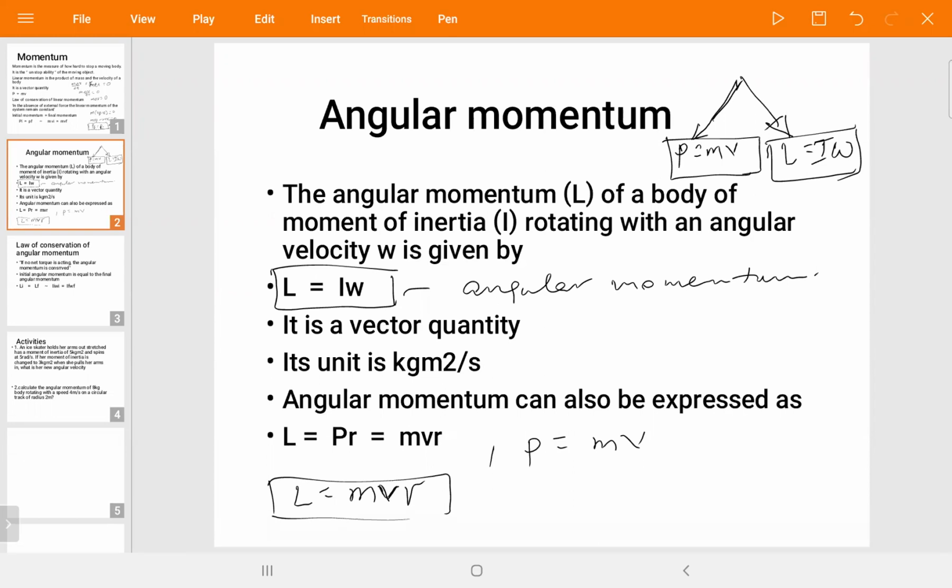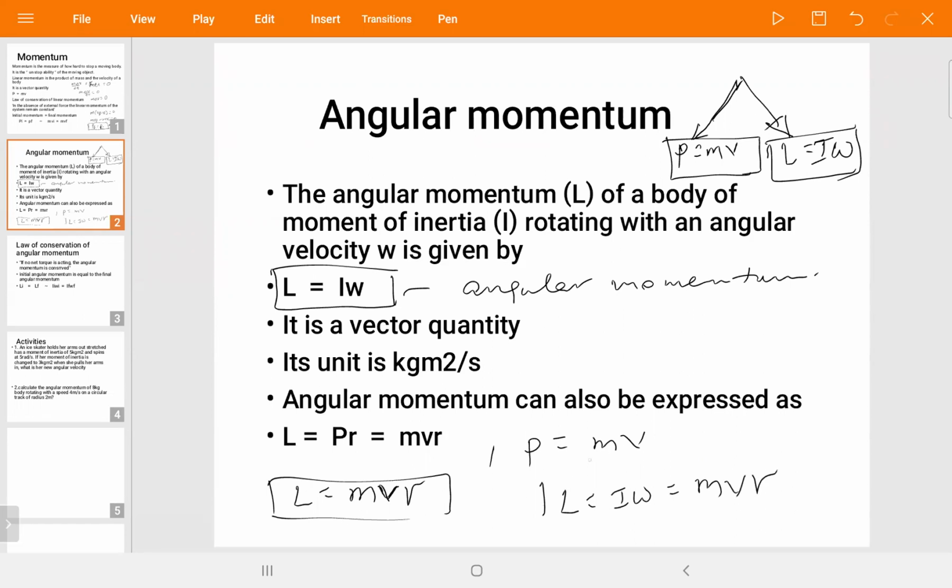Therefore, the other expression for angular momentum is p times r, or instead of p, we can use mv, and it becomes mvr. The first one is I times omega, and the other possible expression is m times v times r.